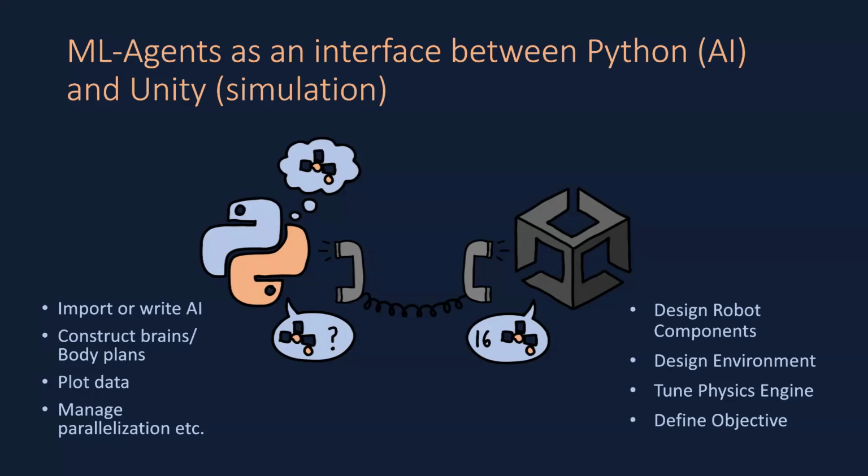On the Python side, the optimization algorithm will take a genotype that needs to be evaluated, create a blueprint, and send that blueprint using the ML Agents API to Unity, which will then evaluate the robot and send the fitness value or other information back to the Python interface. The Python side is then responsible for the optimization algorithm, and also for plotting data and parallelization.